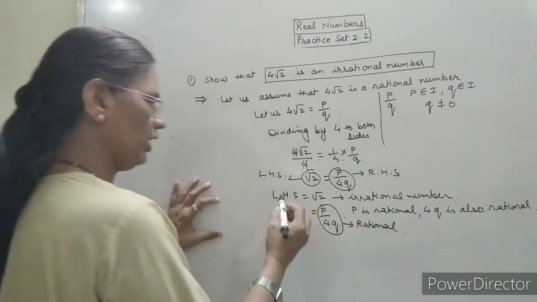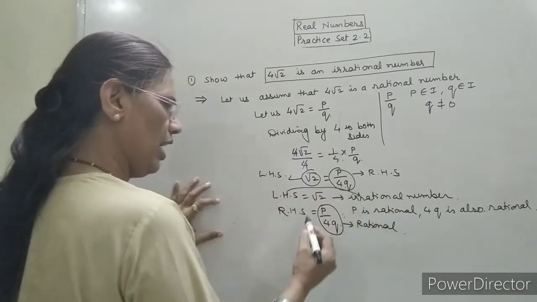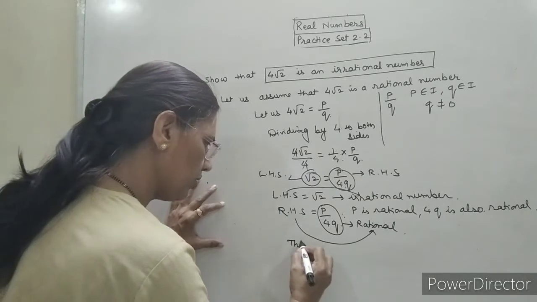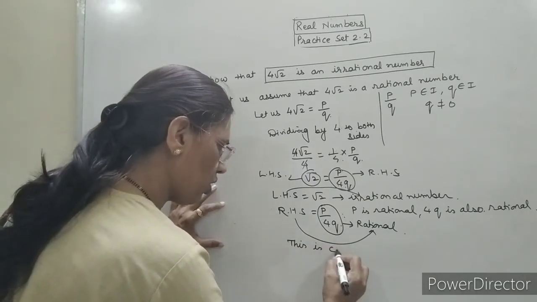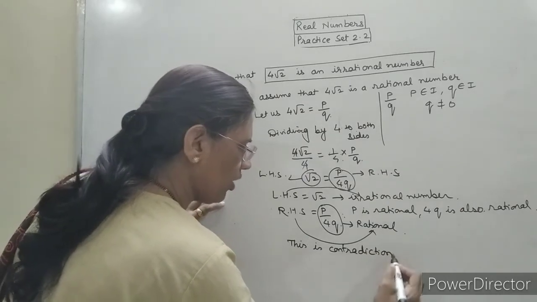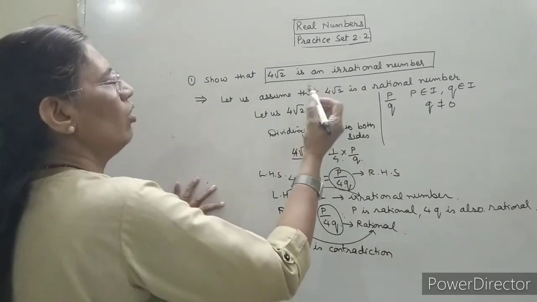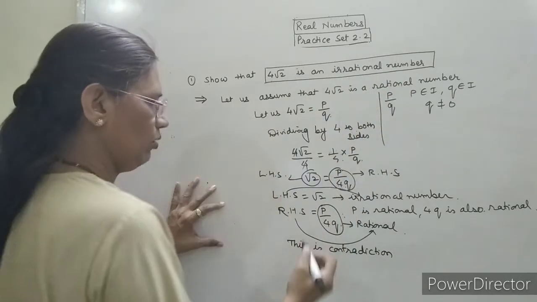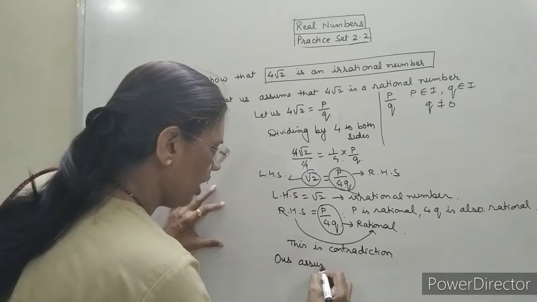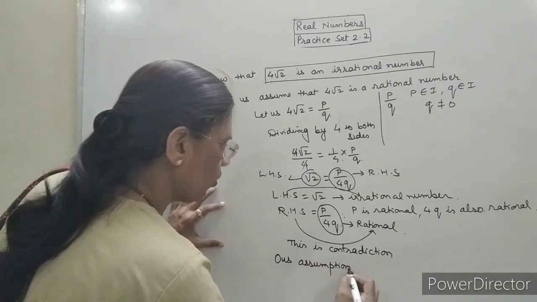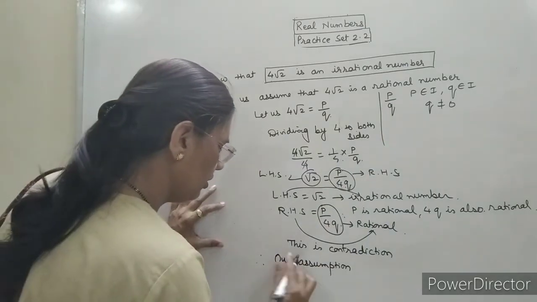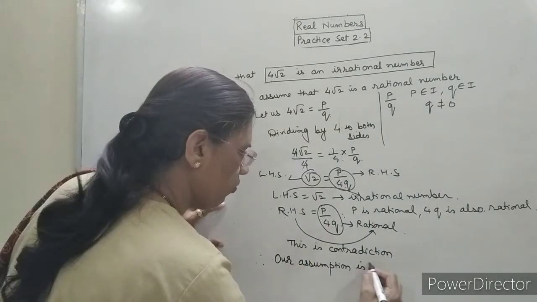Now this is a contradiction. Our left hand side is irrational and right hand side is rational. Is this possible? This is not possible. This contradicts the fact that square root 2 is an irrational number, and therefore our assumption, what did we assume? We assumed that 4 square root 2 is a rational number, therefore our assumption is false.